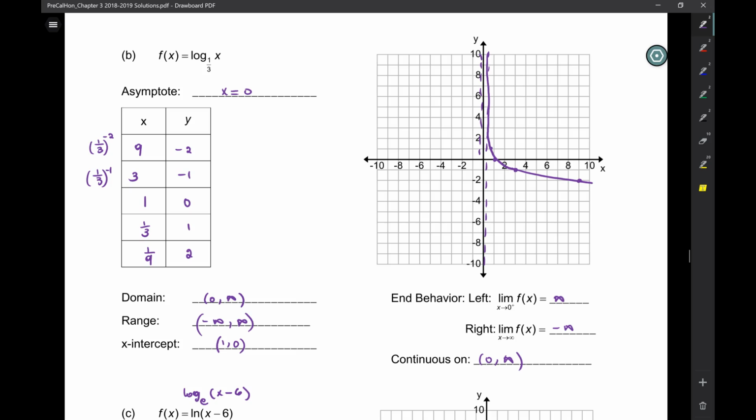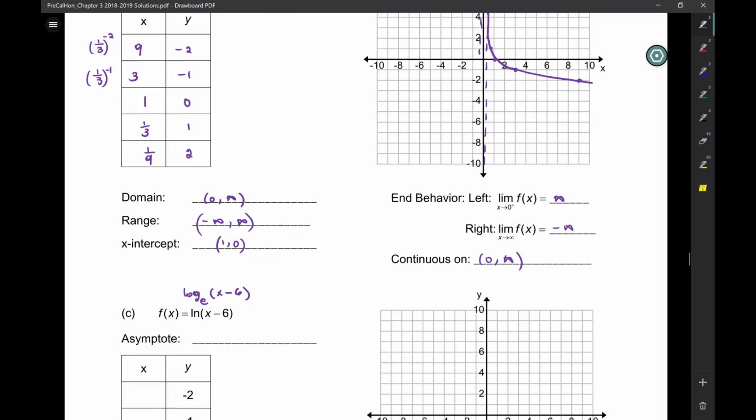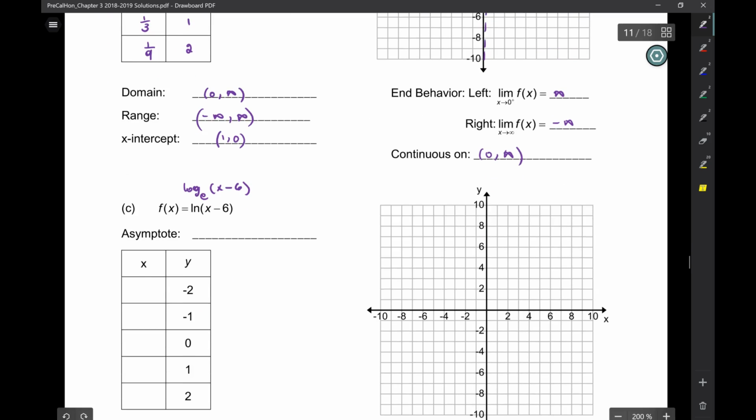It's just that the base is now e. Now, what does the minus 6 do since it's with the x? Where does it move it? Vertical, horizontal? Horizontal, left or right? Thank you, right 6. So now, whereas the vertical asymptote was at x equals 0, now it's going to be at x equals 6.